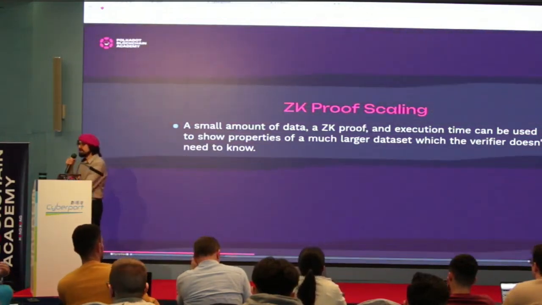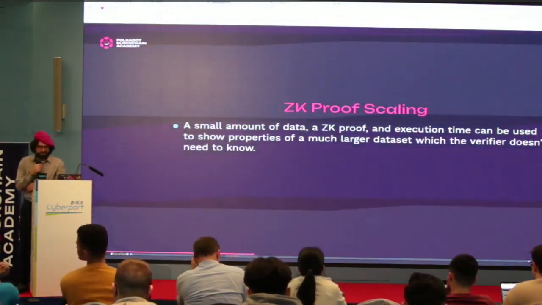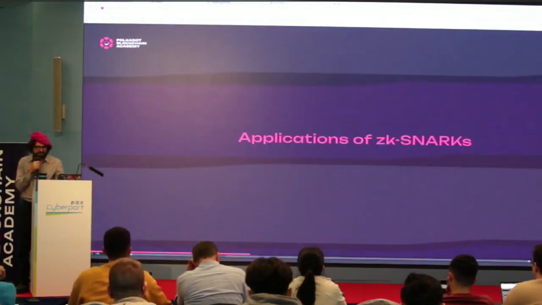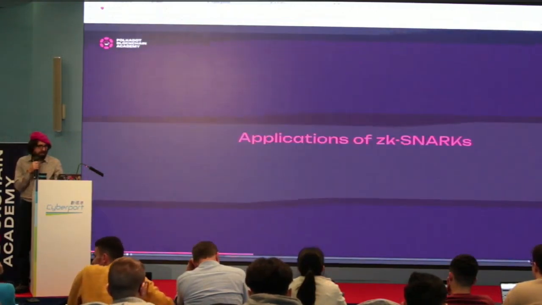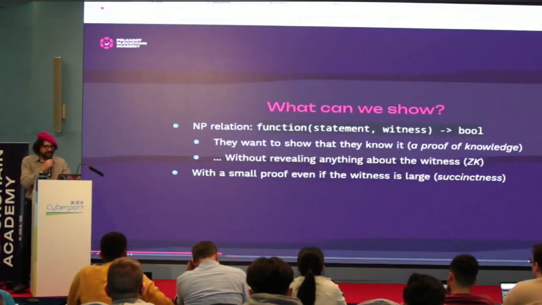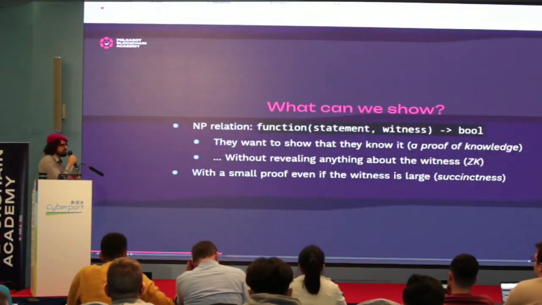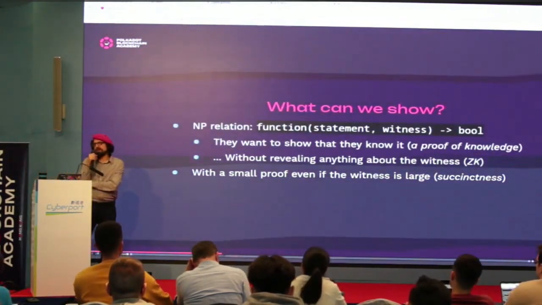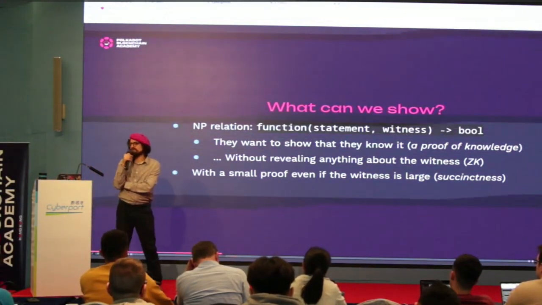Yeah, some question here. One thing is just the long form of NP relation. NP relations are relations that are easy to verify, and easy means it takes polynomial time to verify them.